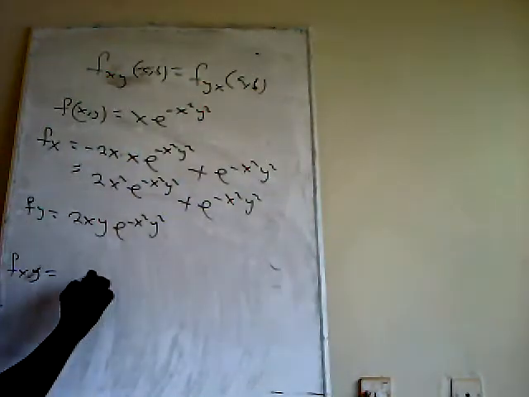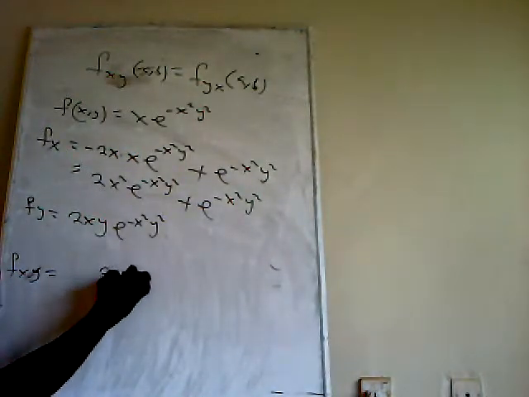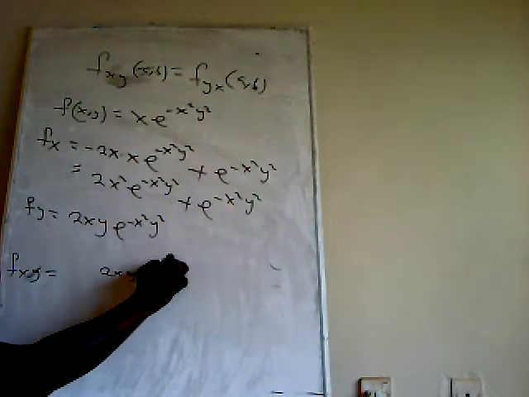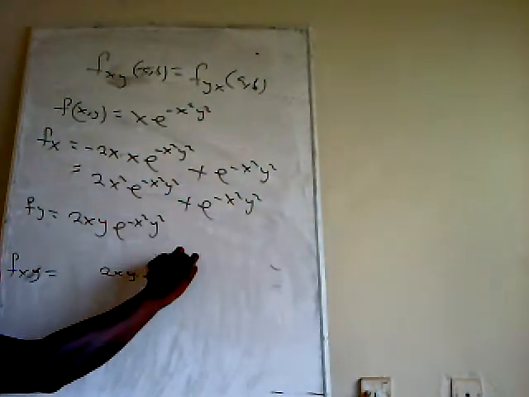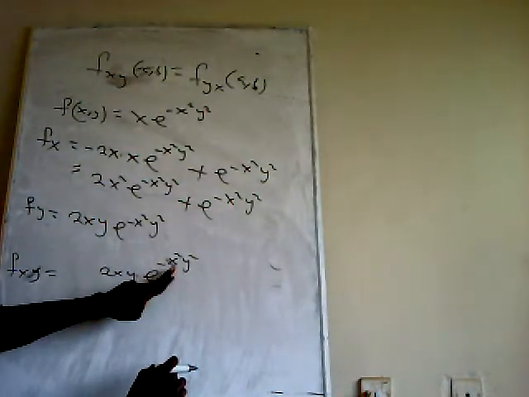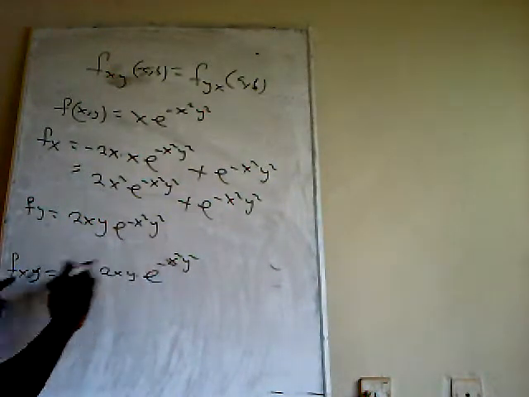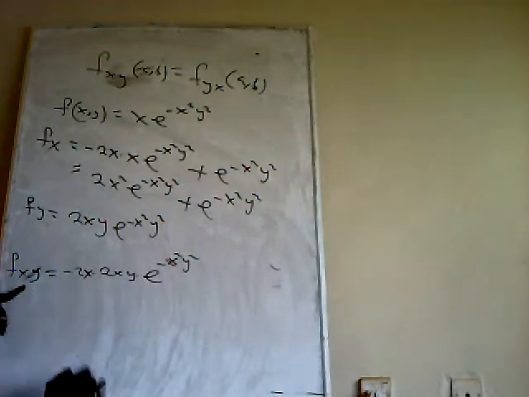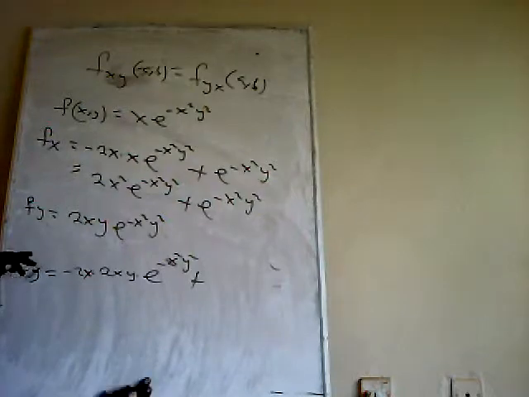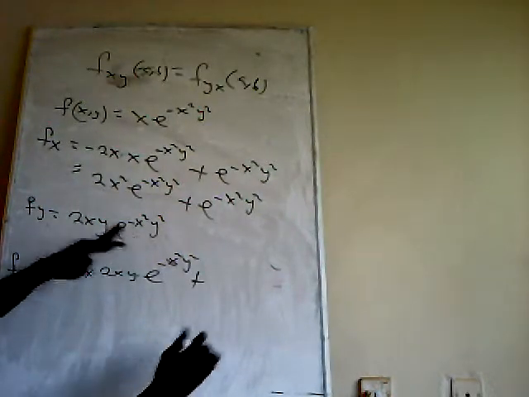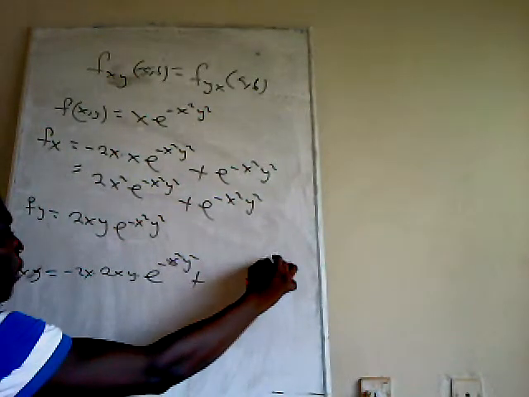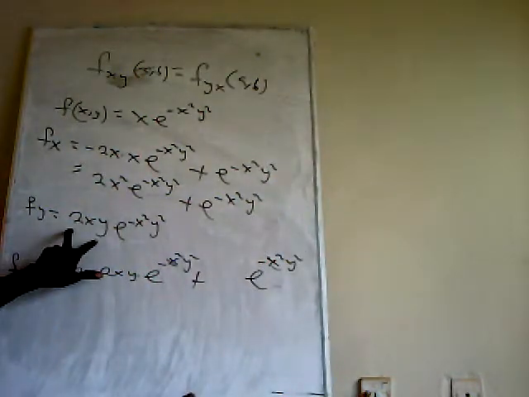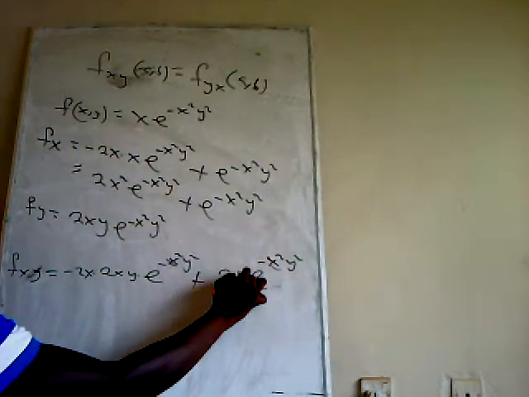I hold minus 2y constant and differentiate this, I'm going to get e to the minus x squared y squared times minus 2x, plus I'm going to hold this one constant now, and differentiate this with respect to x, and I'm going to get 2y.